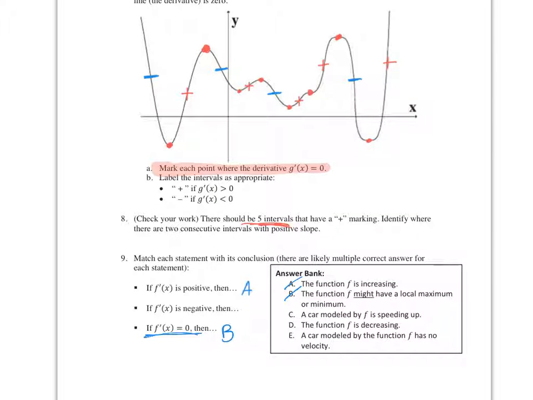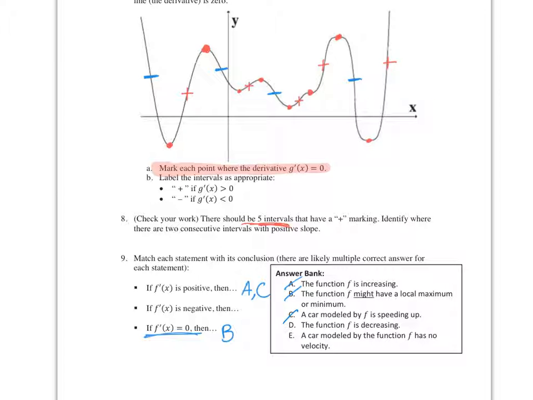A car modeled by F is speeding up. So if it's speeding up, that means there's a positive velocity, which means that the slope is positive. So there. The function F is decreasing. Well, that makes sense when the function F is decreasing. That's happening all the way up here.